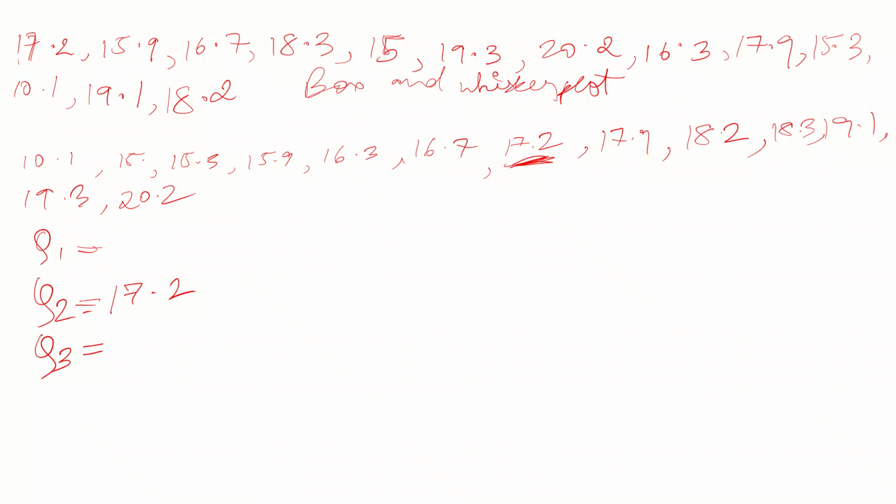Sometimes it depends on the flow of the question. If they are asking for it before you construct the box and whisker plot, then you have to give the mean from the whole data. But sir, that was not mentioned in the question given in the assignment.